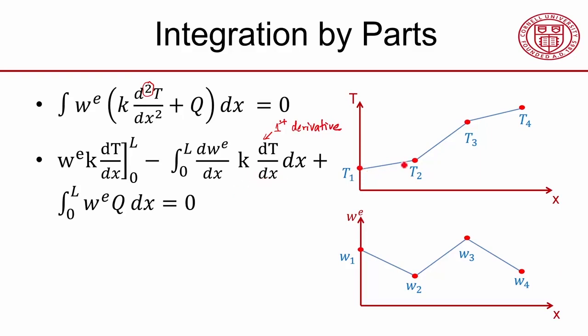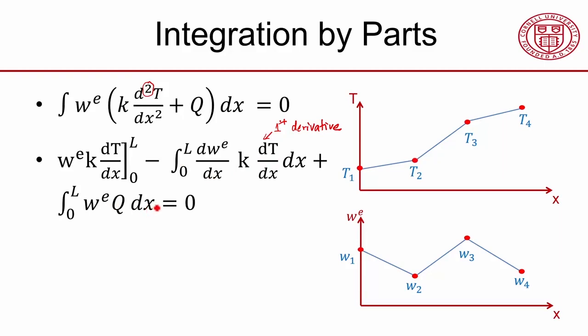And I know that the second derivative doesn't behave very well, right? So second derivative is 0 everywhere, and it's not defined at the nodes. Whereas the first derivative is defined. It's discontinuous at the nodes. That's not a big problem when you're doing integration. So which means that now I can use this shape in here, but I can't use this shape in my original differential equation.